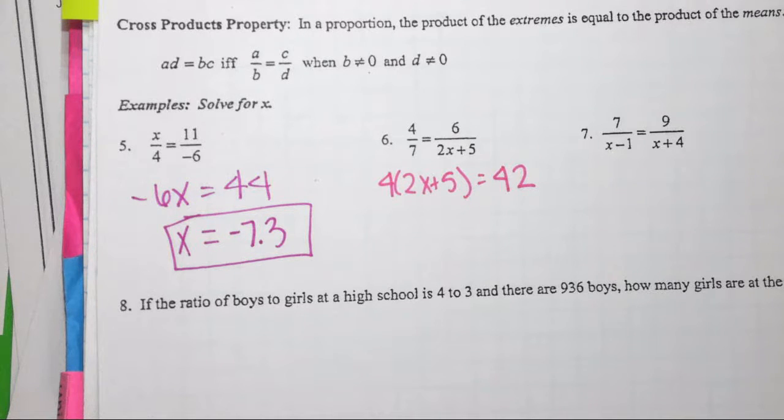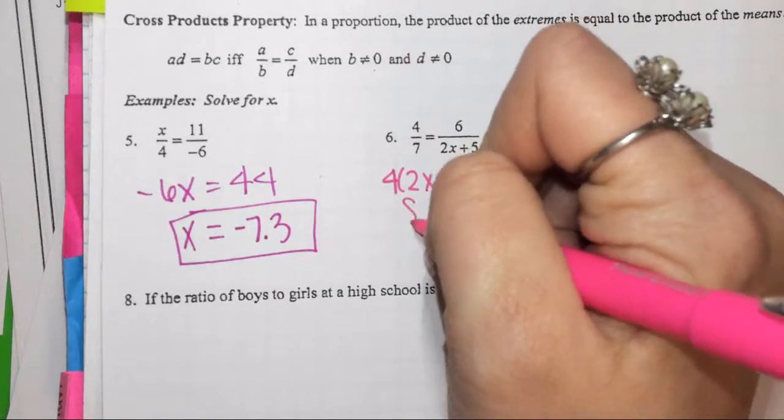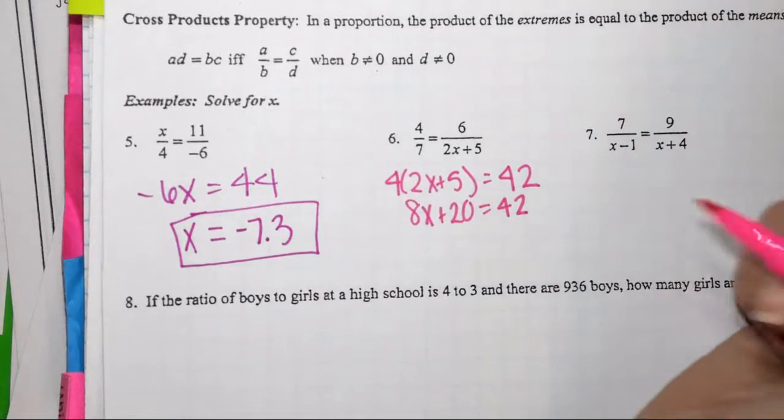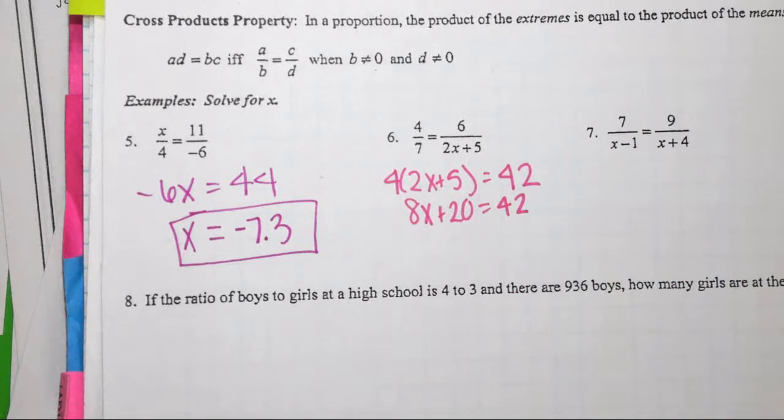Look at you go. Write it on your paper. Yeah, 2.75.